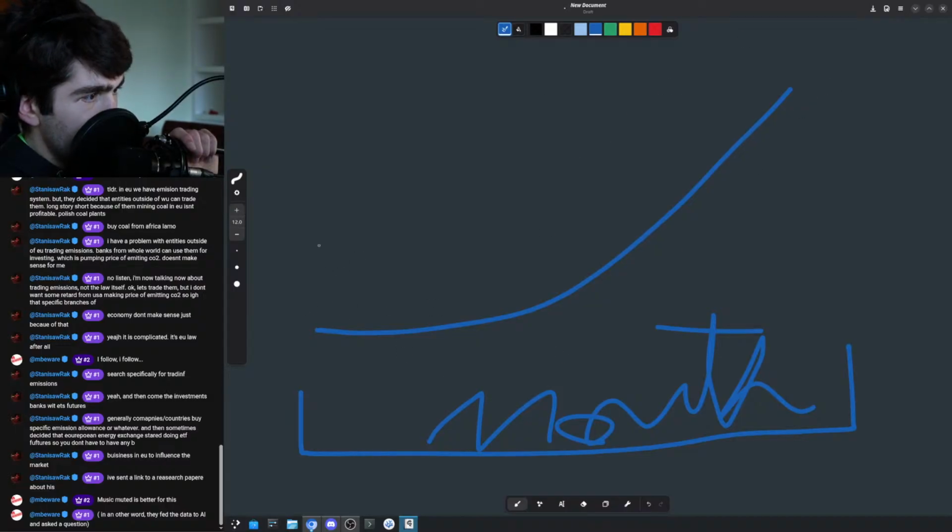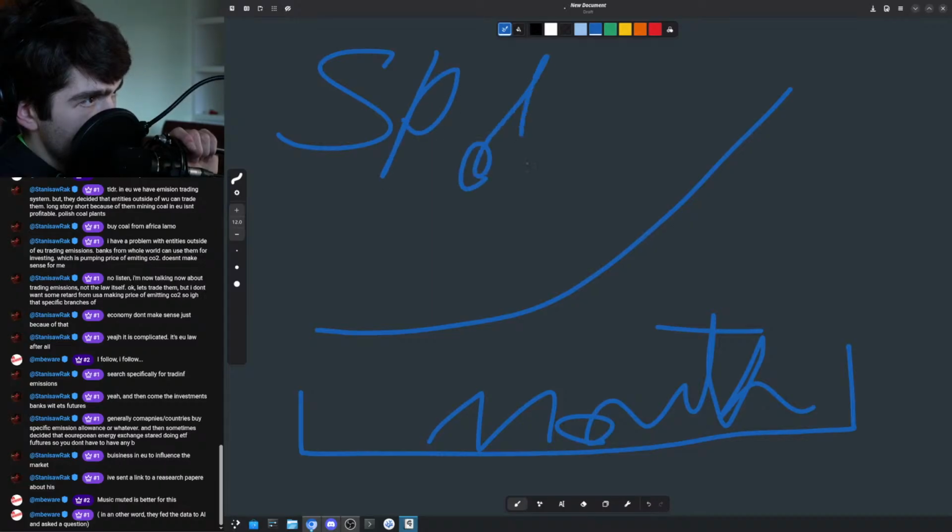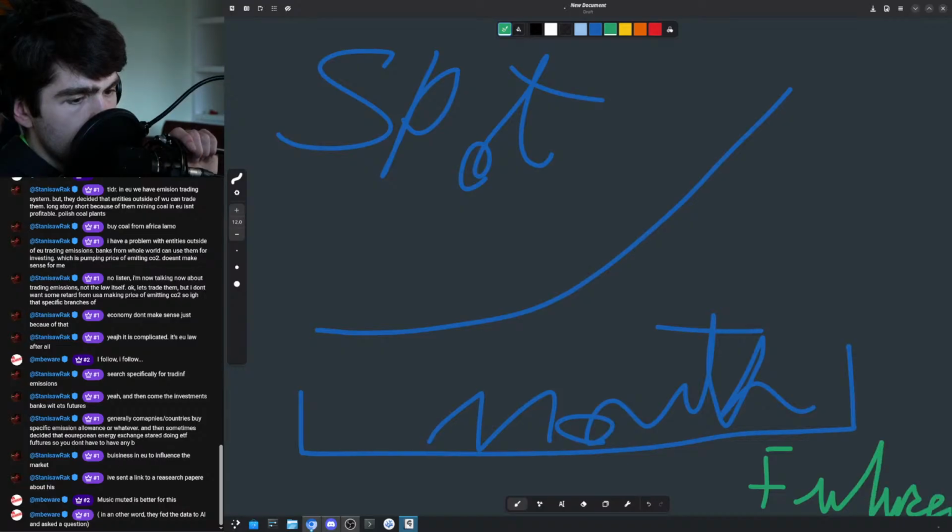There is a difference between, let's say that blue is the spot price and the futures price is in green, so future. It would look like that.